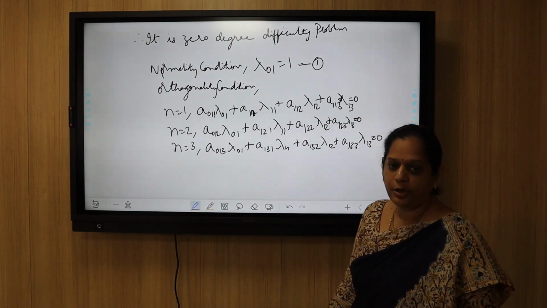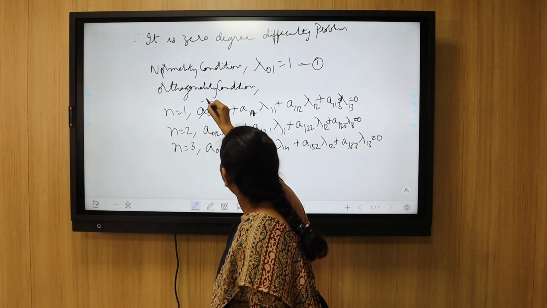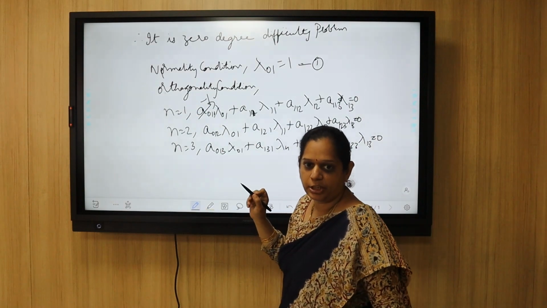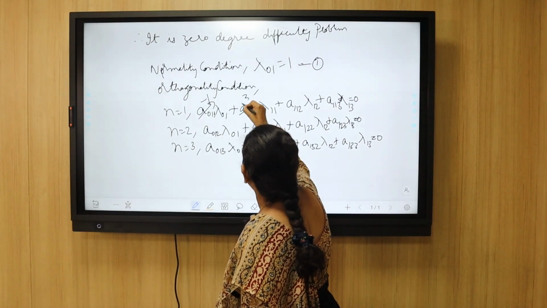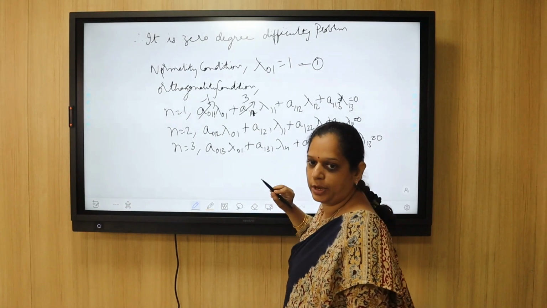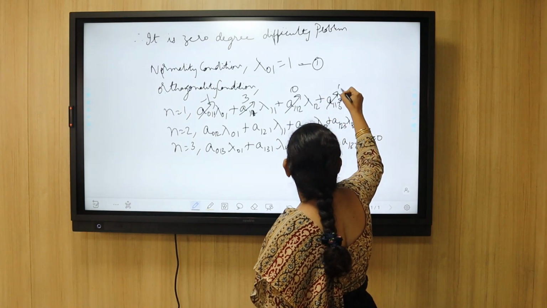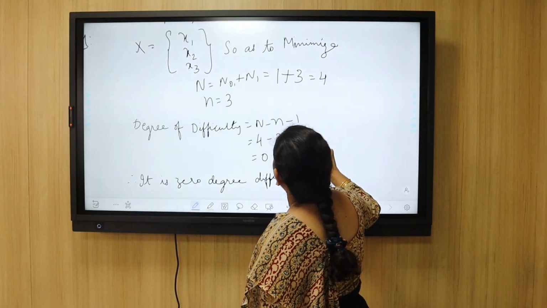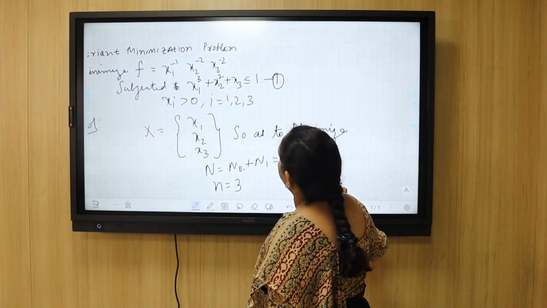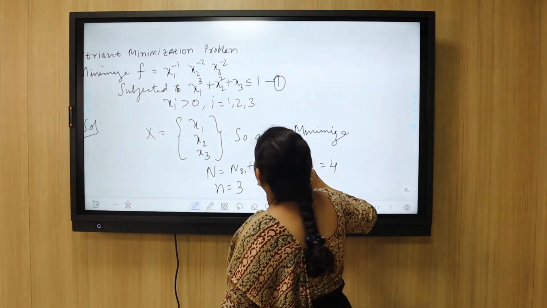So here, what will you get? Lambda 01 in the first equation is given as -1, and lambda 11 is given as 3. And for this one, these two are zeros. For the x1 value, in the first equation, x1 is -1 and this one is 3. So that's why we had taken it like that.